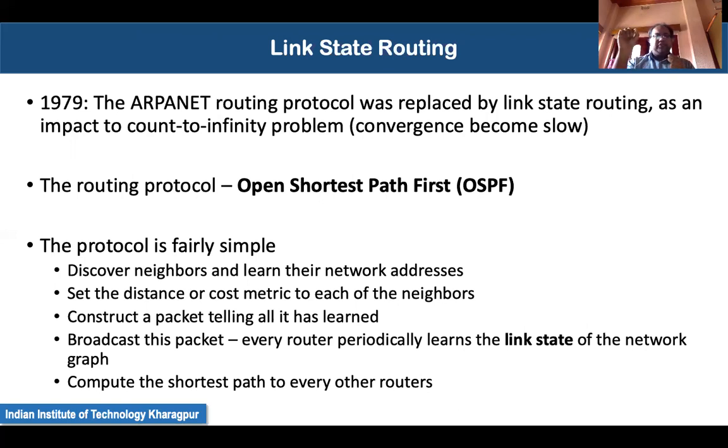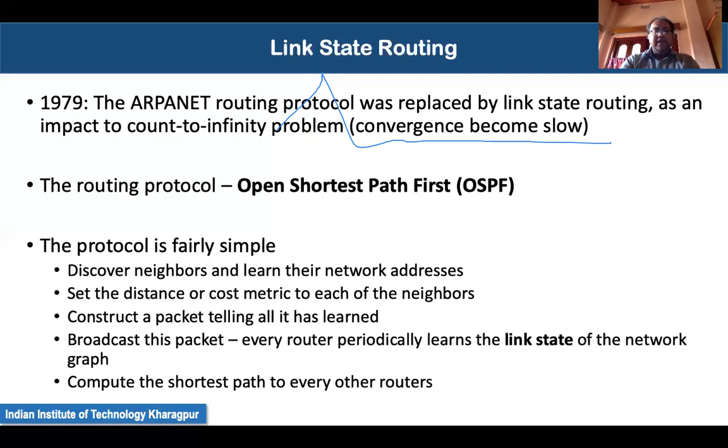Your estimated shortest path is shared with others, and then your neighbors update their information based on that estimated shortest path information. That is typically the reason why distance vector routing is slow, and convergence is a problem in distance vector routing.